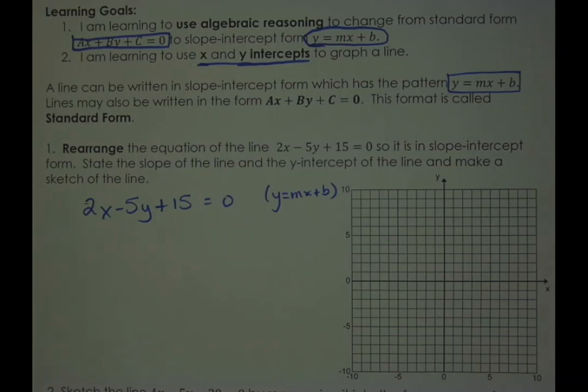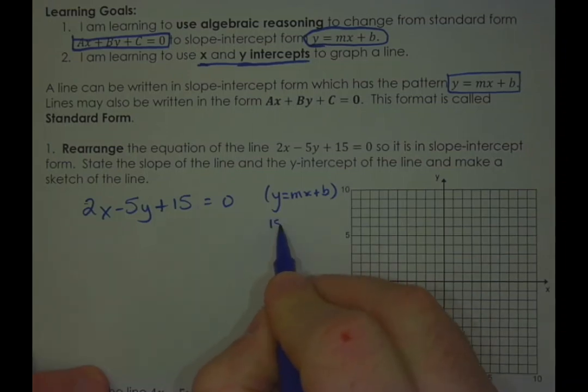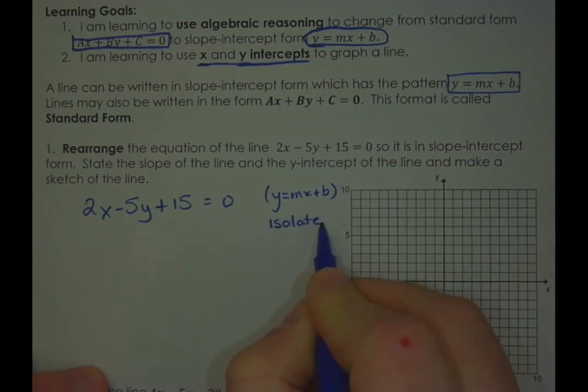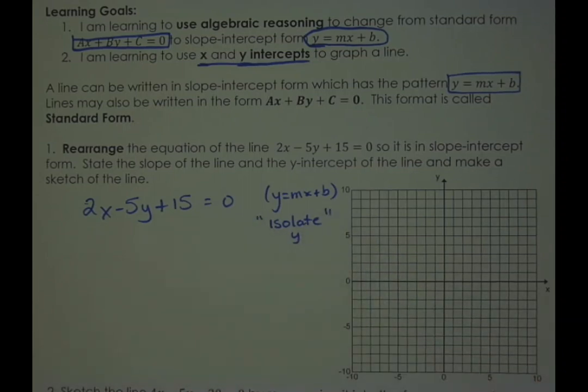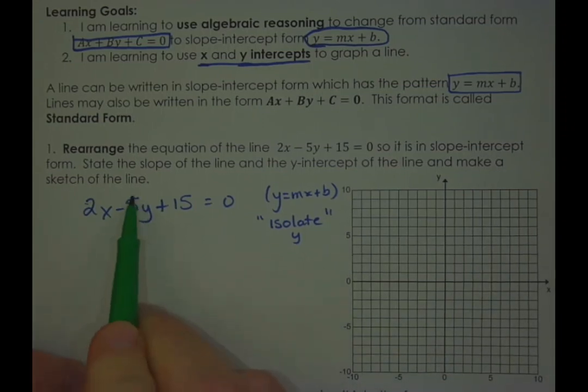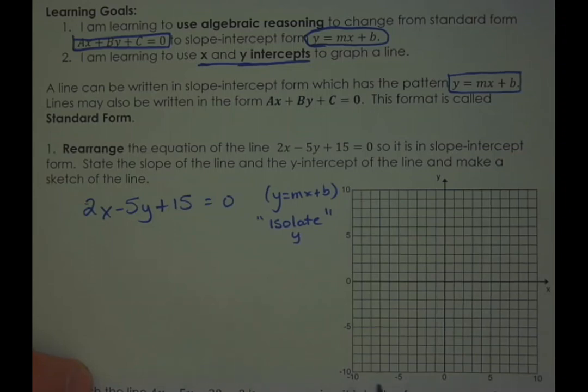And that thinking basically is to isolate y. So we want to get y by itself. And we've done that in past lessons and practices. But the idea there is we're using our algebra to move everything away from y.